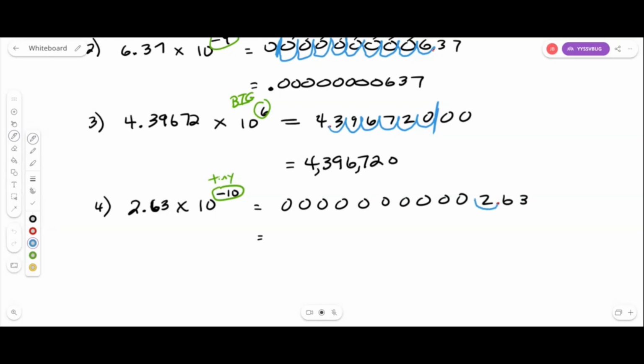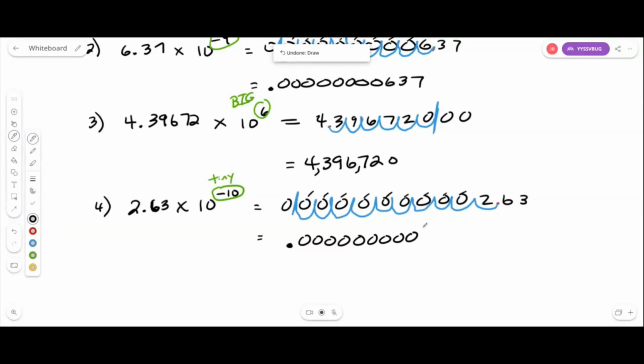So this is going to move 1, 2, 3, 4, 5, 6, 7, 8, 9, 10. Right there. So I'm going to have point. Then there's 9 zeros, 2, 6, 3.